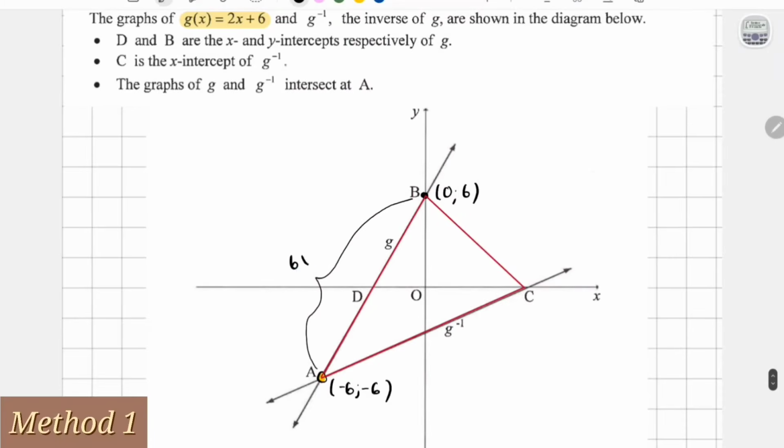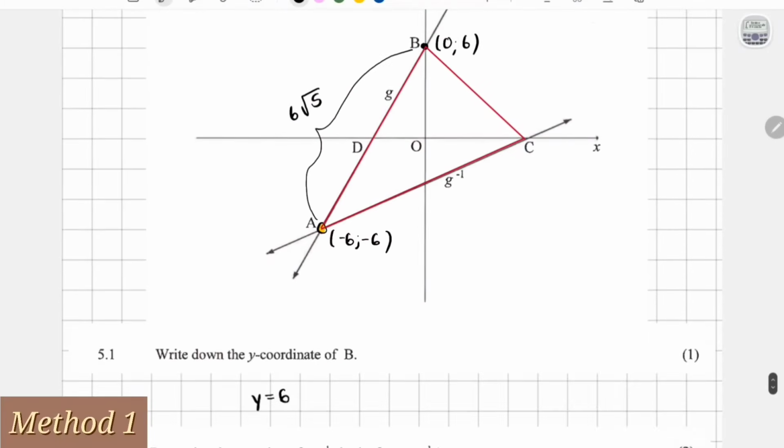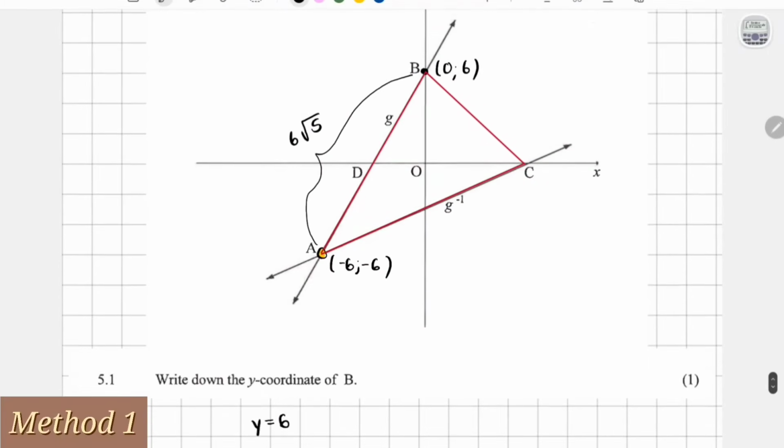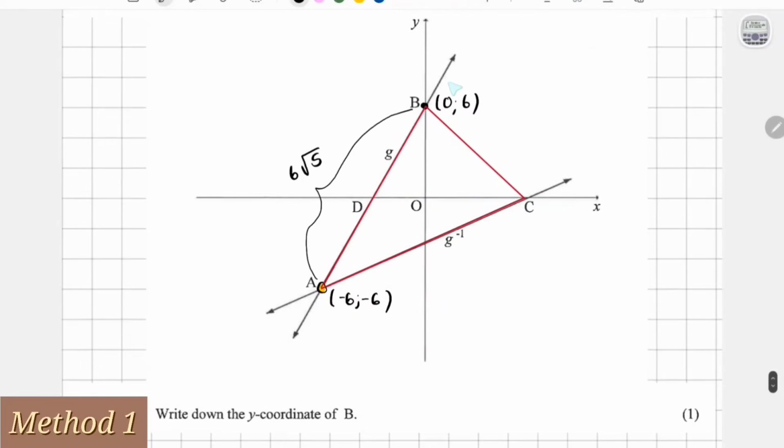So if we're using 6 root 5 as AB, now there's something about AC. We can actually find this. Okay, the thing about AC, the length of it, well, we can find the coordinate of C if we want to, because remember, G is the original function and this is the inverse. So the X and Y values just swap. So think about it like this.